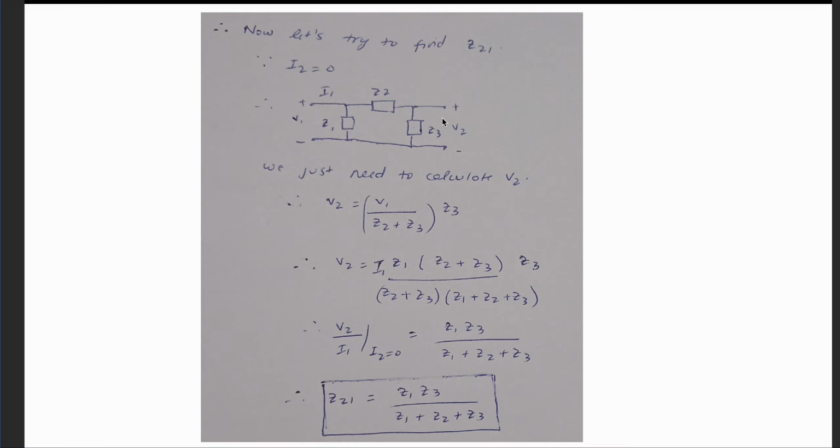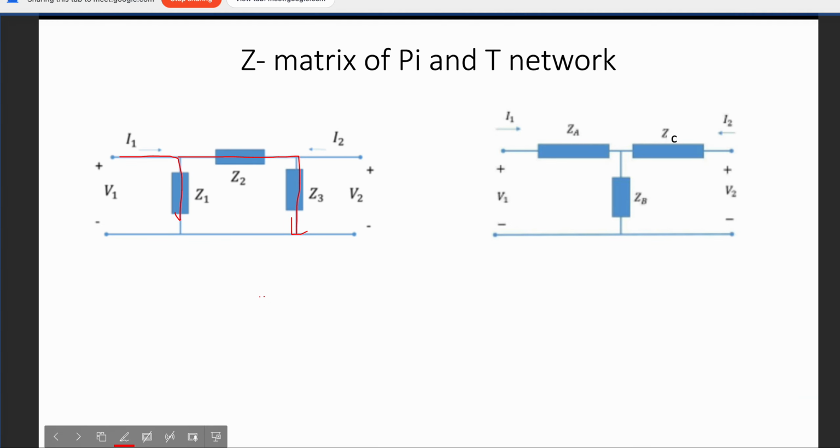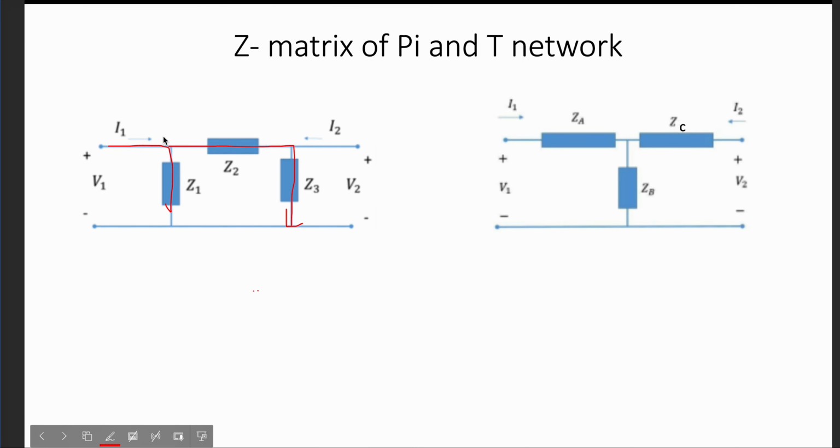Okay, so again, let's see how to find the voltage across it. As I said, your current is coming and getting divided into two sections, right? It's like a current divider. So current will come from port 1, and then it will go through Z1, and then through Z2 plus Z3.